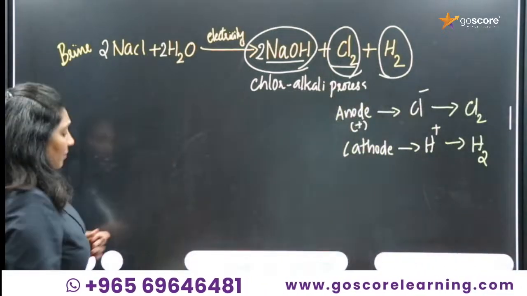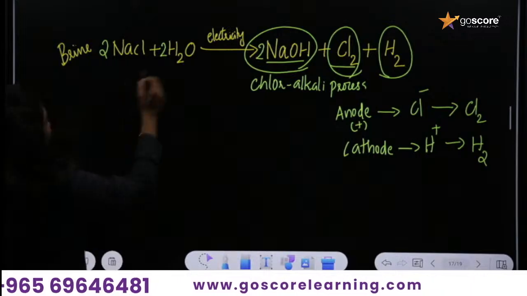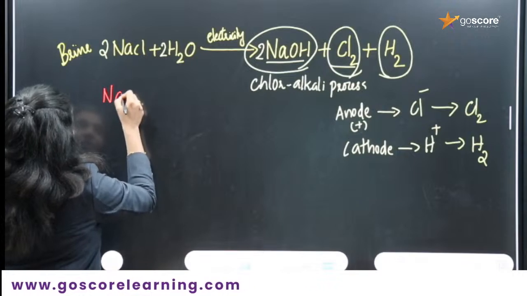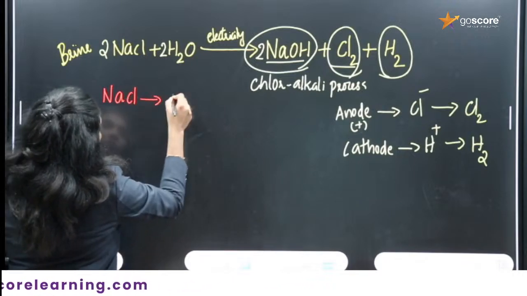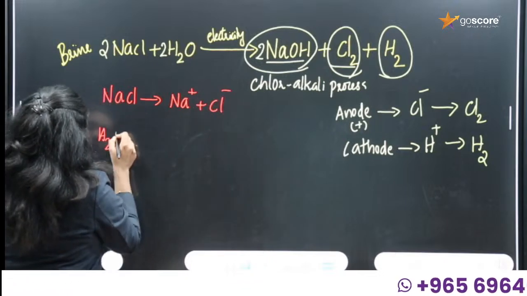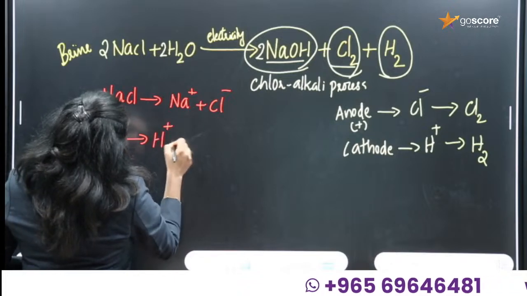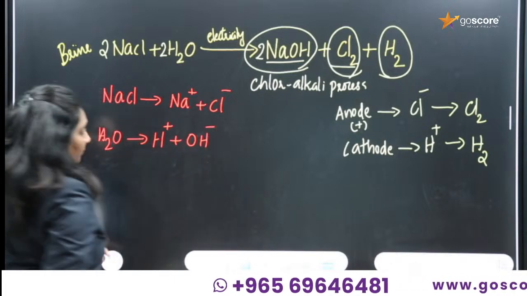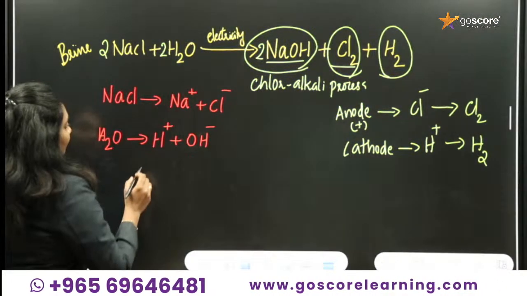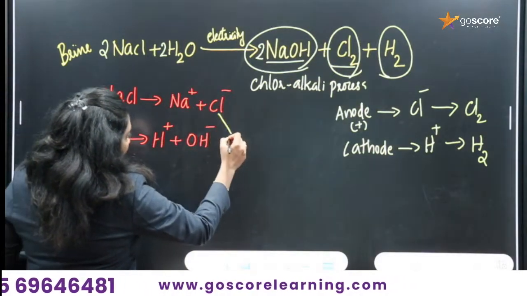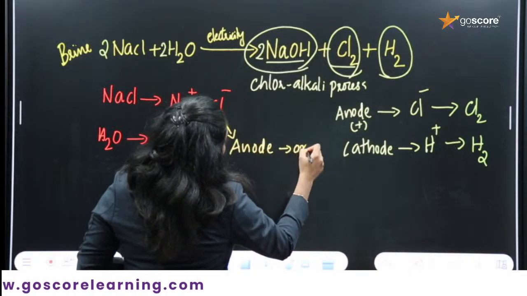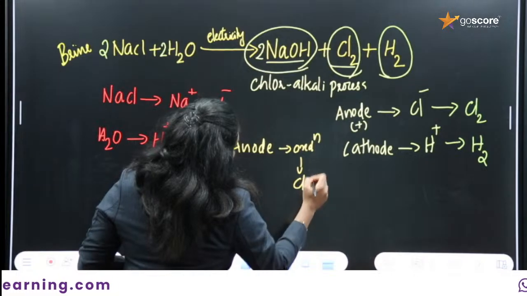So actually what is happening here when you pass electricity to sodium chloride and water solution? The sodium chloride will break up to form Na plus and Cl minus, and H2O will produce H plus and OH minus ion. Right? In this one, the Cl minus ion will be moving towards the anode, where it will undergo oxidation to form the chlorine gas.